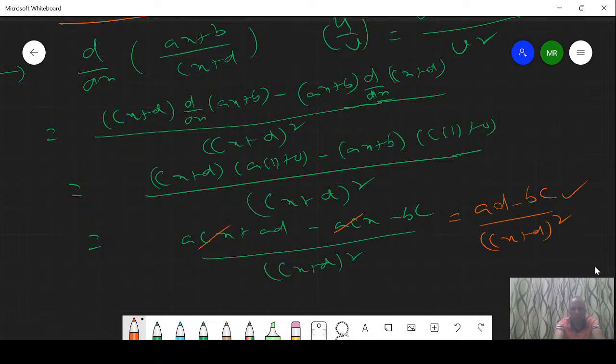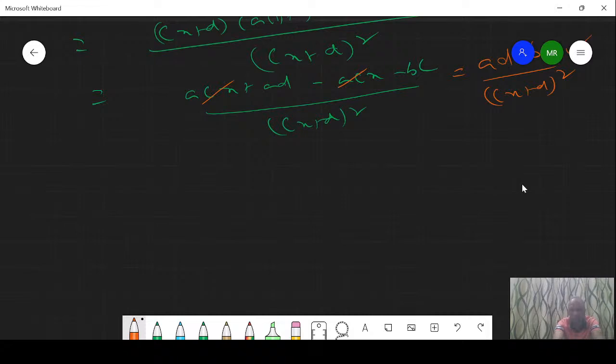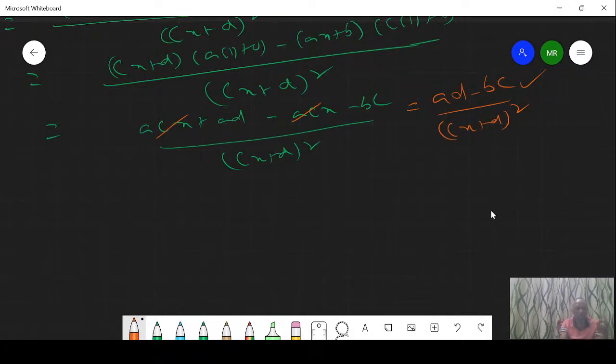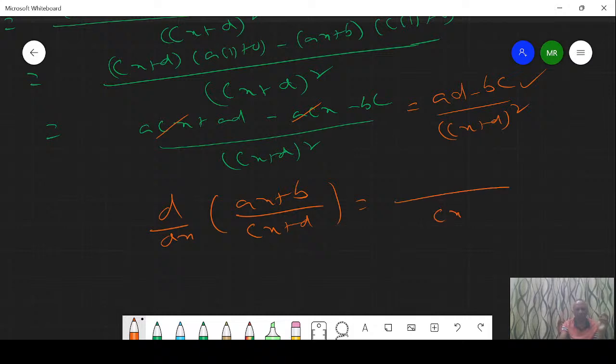So I have used the quotient rule. But the most important point here: remember this as a formula also. Whenever they give d by dx of (ax plus b) by (cx plus d), always remember the denominator is (cx plus d) whole square. Then do cross multiplication: a into d, ad, minus b into c.